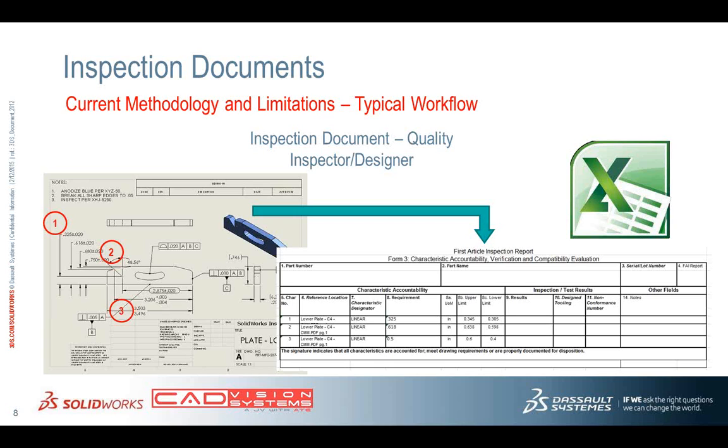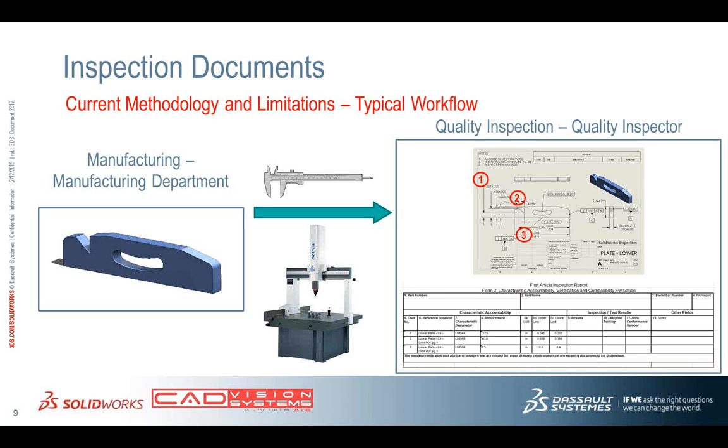These balloon dimensions will then be documented in an Excel format as the first article inspection report. When the manufacturing process is completed, the part will be checked using either a digital caliper, a CMM machine, etc., and these results will be entered into the FAI report, the first article inspection report.